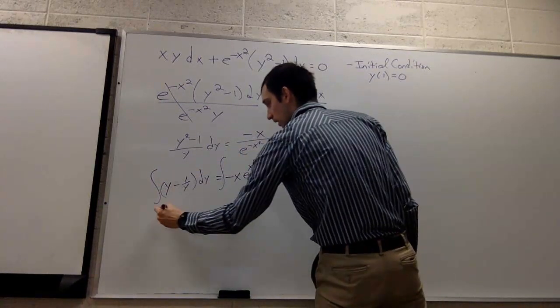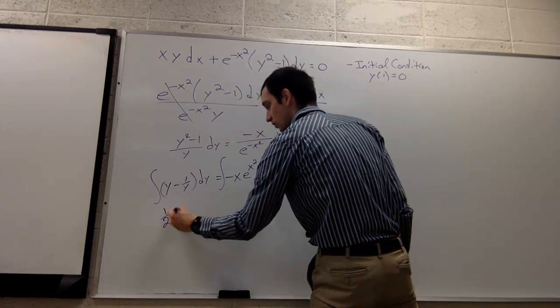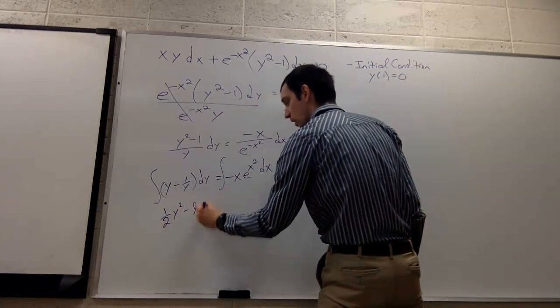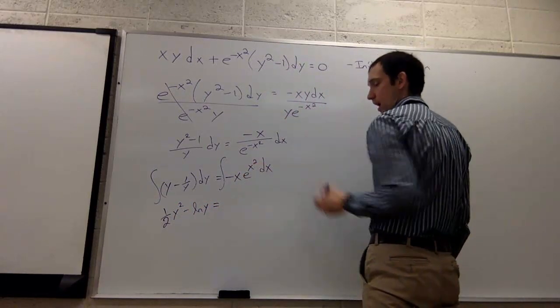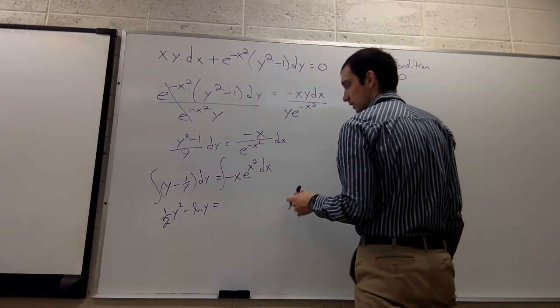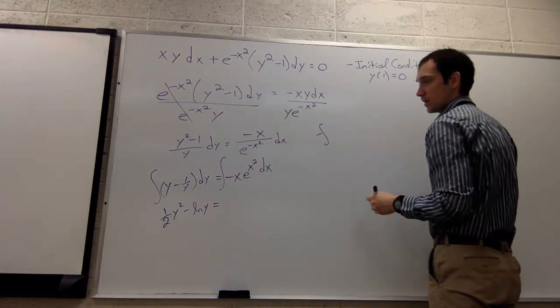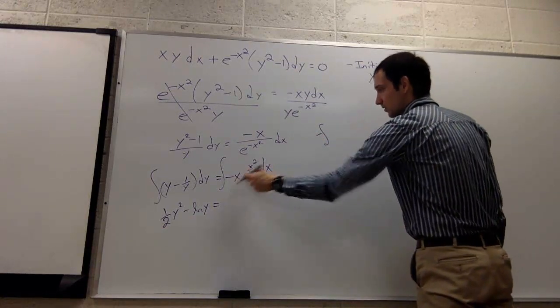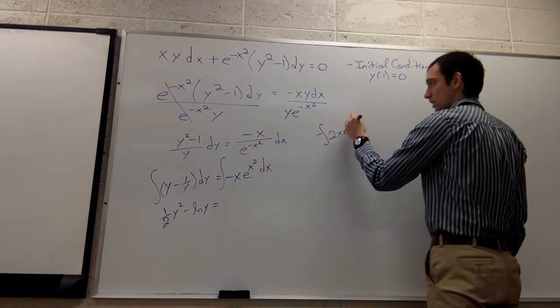On the y side, you get 1/2 y squared minus the natural log of y equals, and then this is going to require a u substitution. Let's rewrite this integral and pull the negative out. This needs to be 2x so that it fits the u substitution, so make that 2x e to the x squared dx.